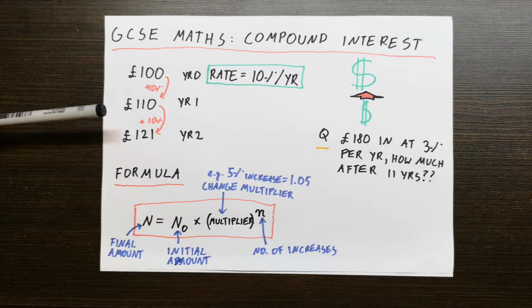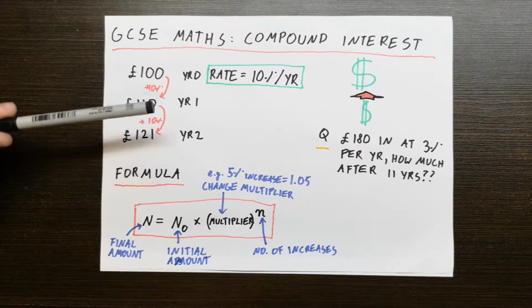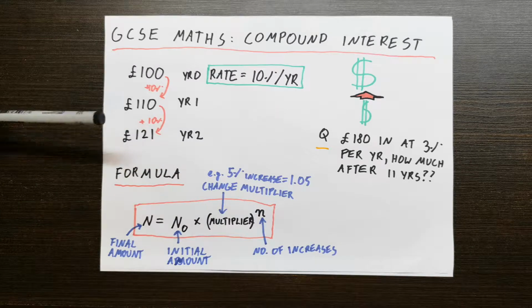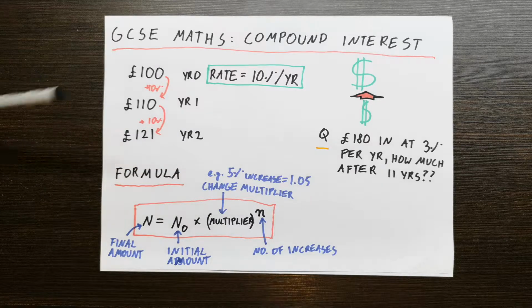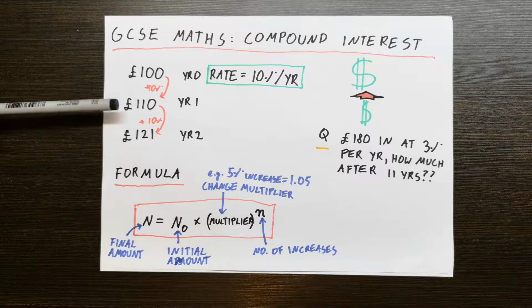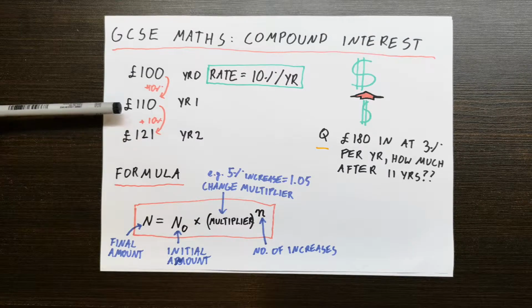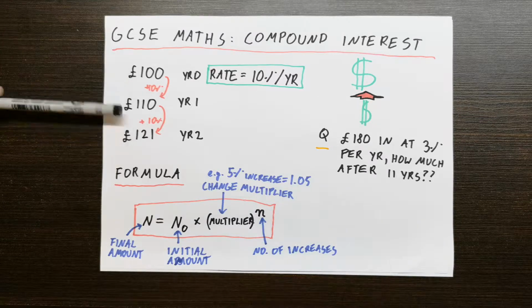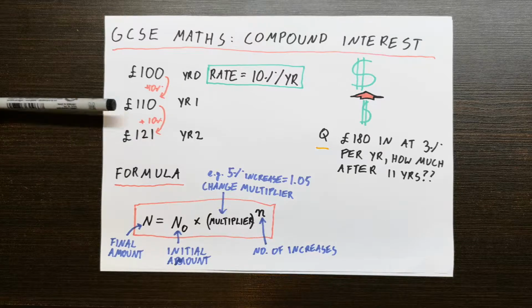But then, for the next year, to calculate the amount after 2 years, we are adding on 10% still, but we are adding on 10% on £110. We are not adding the 10% on the original amount. We are adding 10% on the current amount of £110.